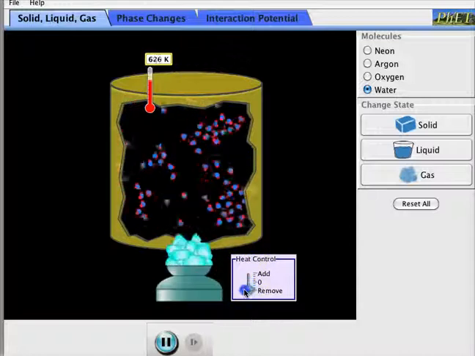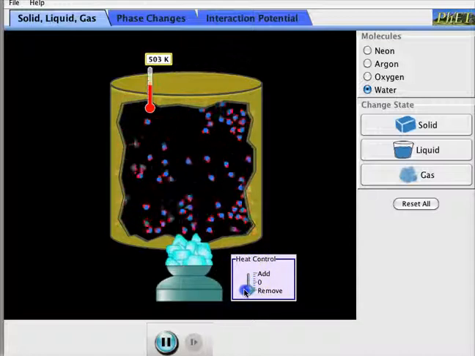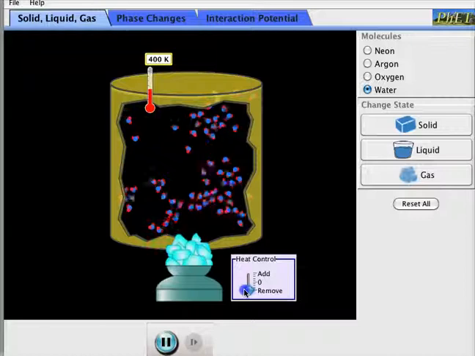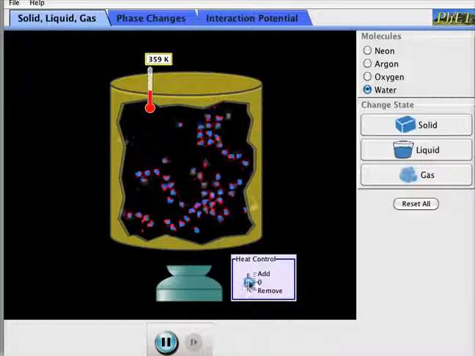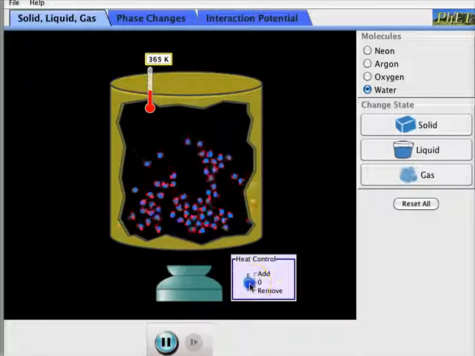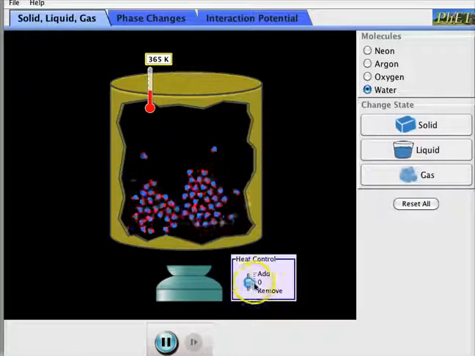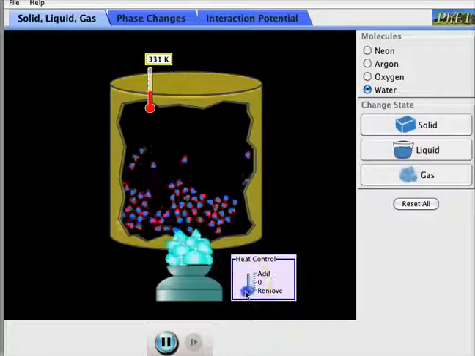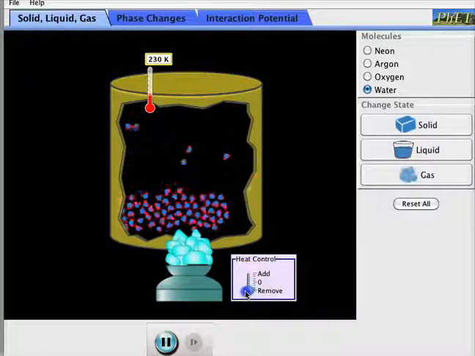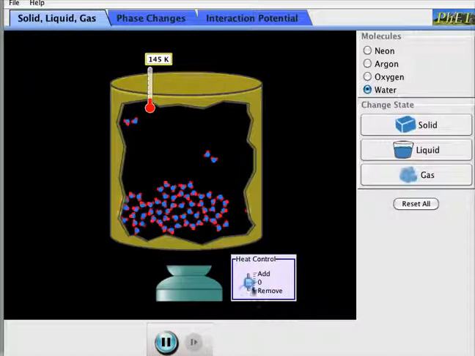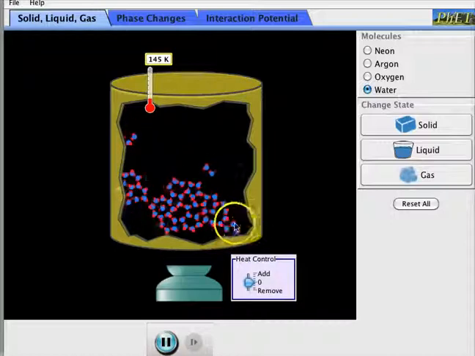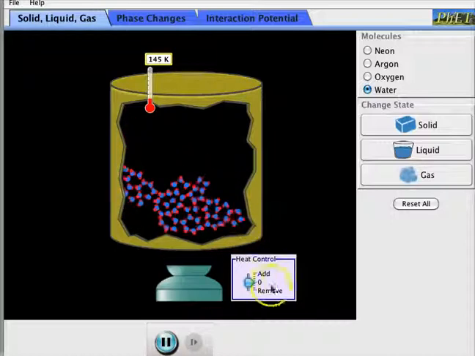As we cool a vapor or a gas down into a liquid, we say that the vapor is condensing. It condenses into a liquid. And finally, as we cool a liquid back down into a solid, we say that the liquid has frozen, it freezes or solidifies.